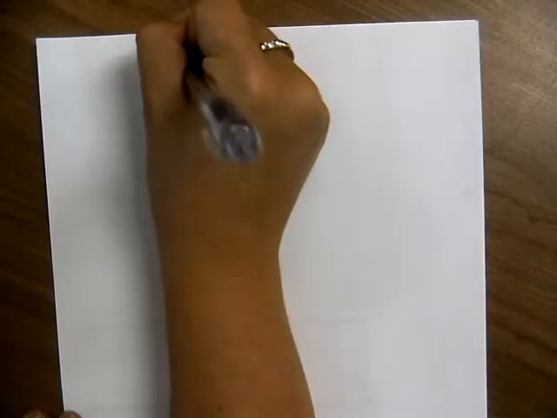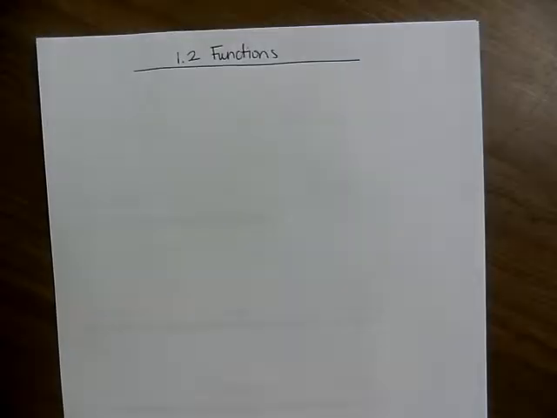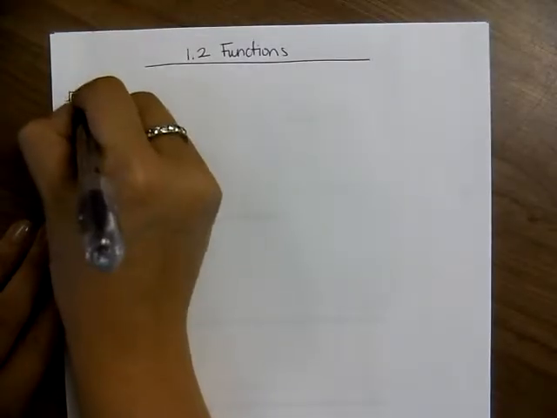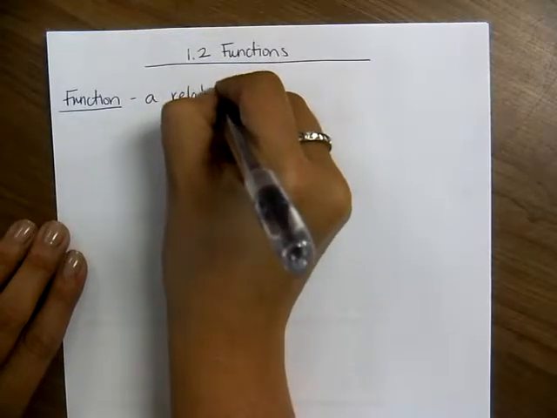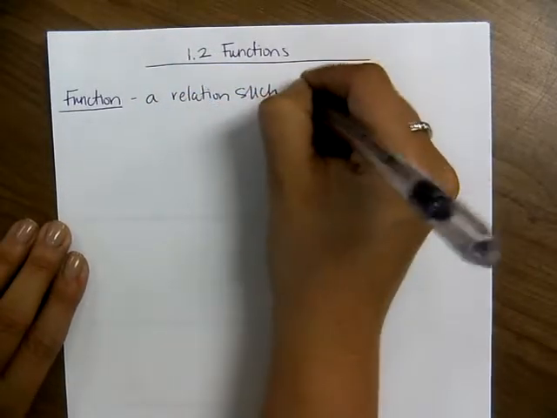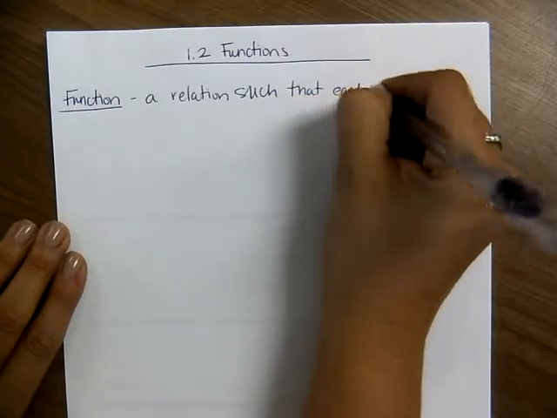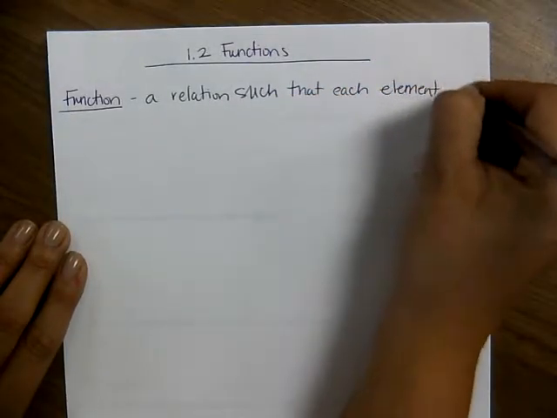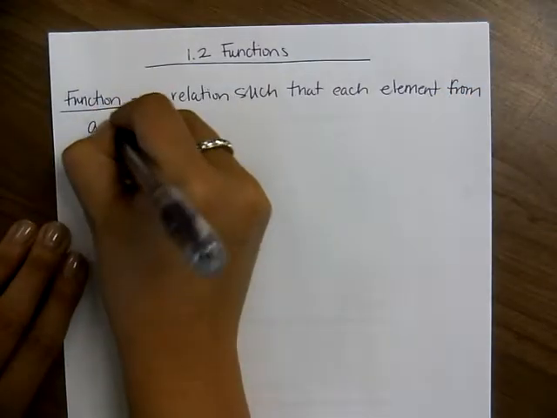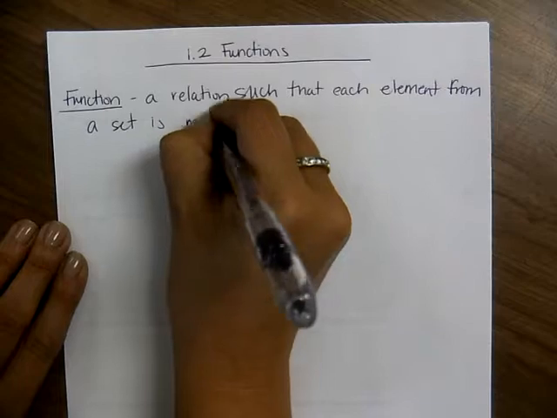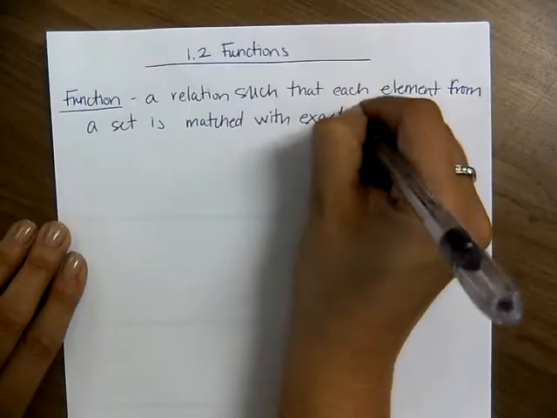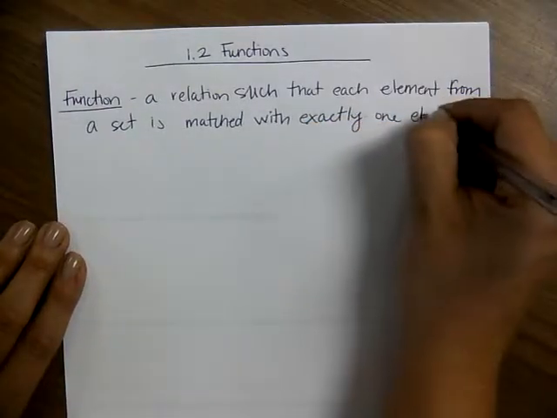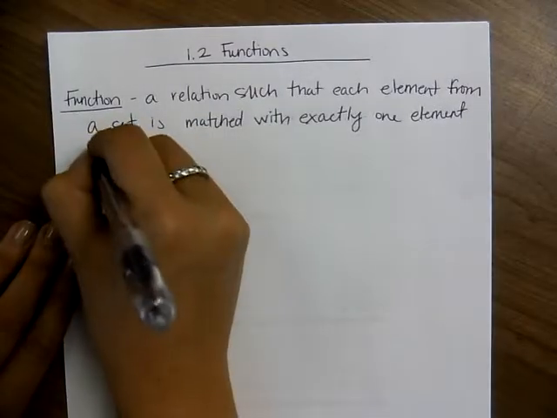All right, we're going to talk about functions today. So, a function is a relation such that each element from a set is matched with exactly one element from another.